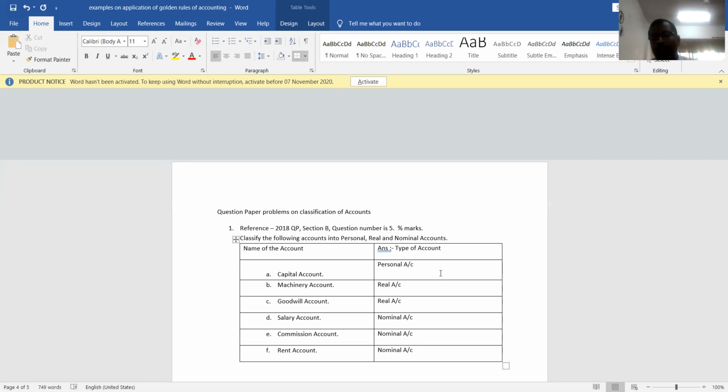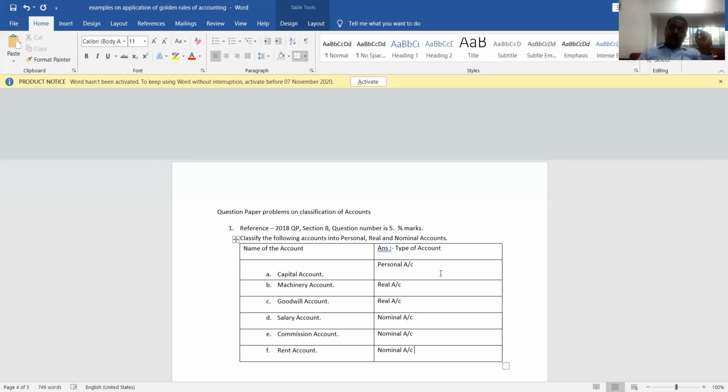This is how we need to classify the accounts into personal account, real account, and nominal account. Keep in mind, if an account is related to any person, firm, institution, or organization, it is a personal account.